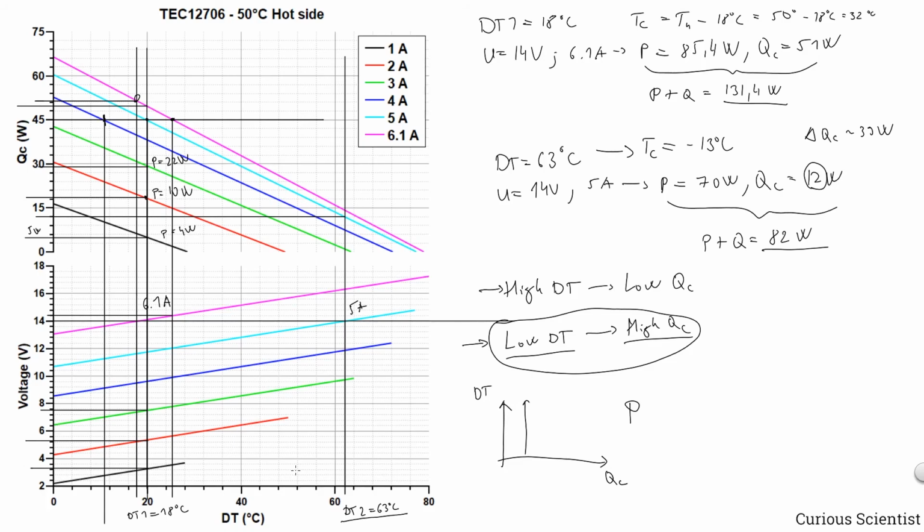So you can see that either you have high temperature differences but you cannot cool anything, or it would take an enormous amount of time to reach that low temperature because of the low cooling performance, or you can have good cooling performance but you cannot reach very low temperatures, and you always have to start from the hot side. So if you cannot provide good cooling on the hot side, you cannot even think about reaching reasonably low temperatures on the cold side, because you cannot really dump the heat from the hot side anywhere if you have bad cooling.